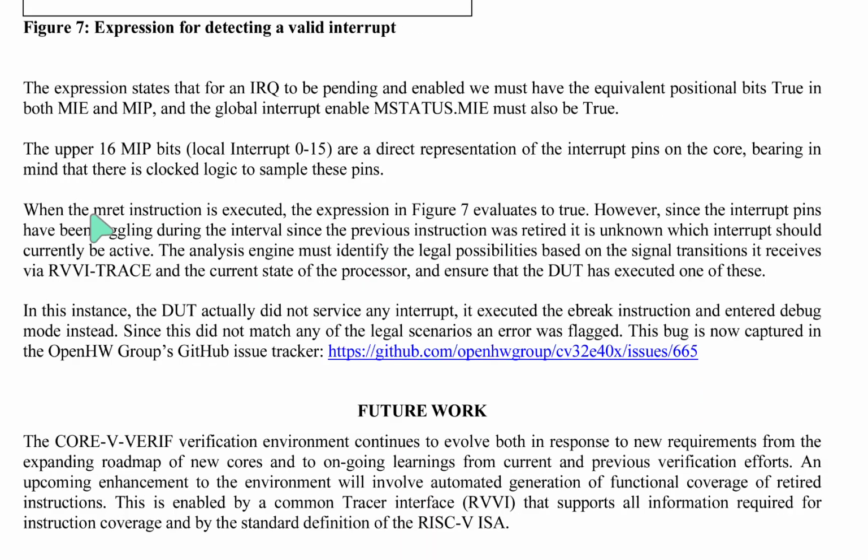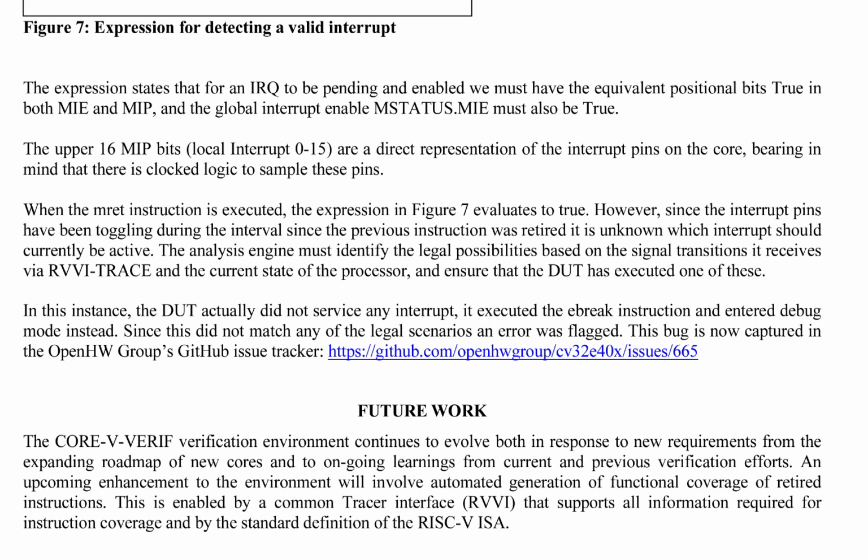When the MRET instruction is executed, the expression in figure 7 evaluates true.